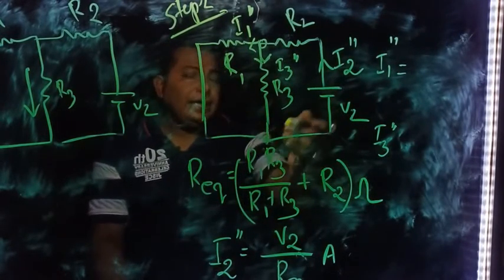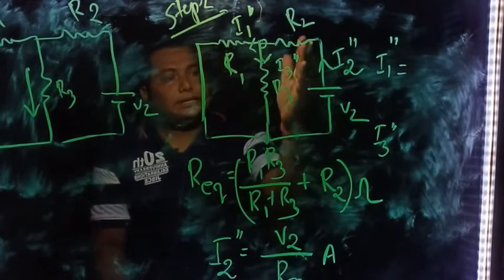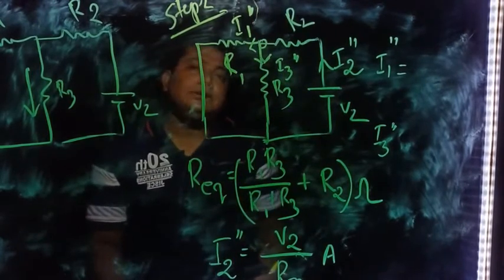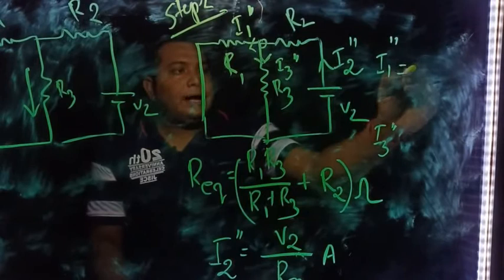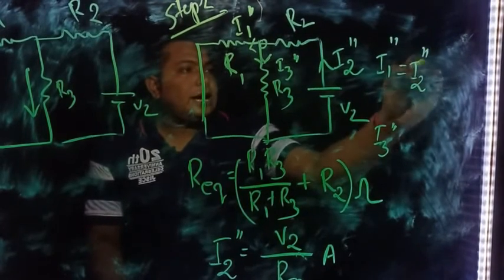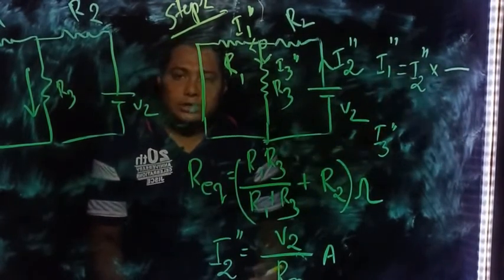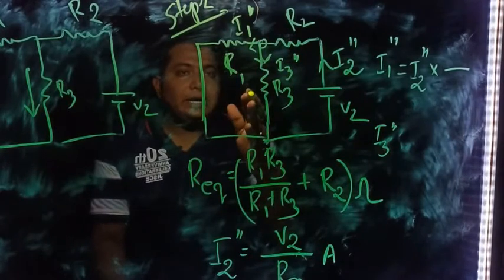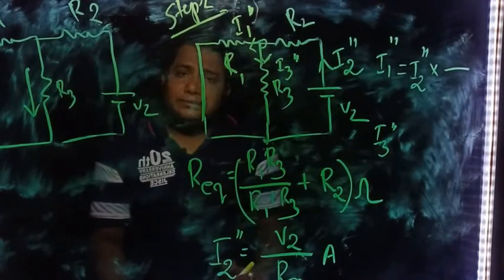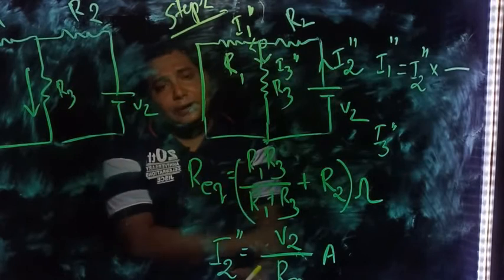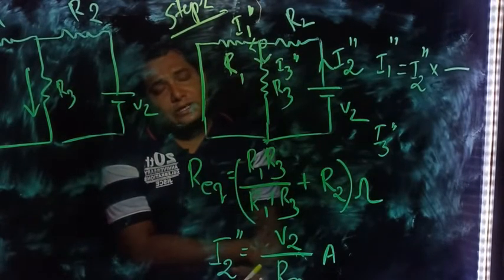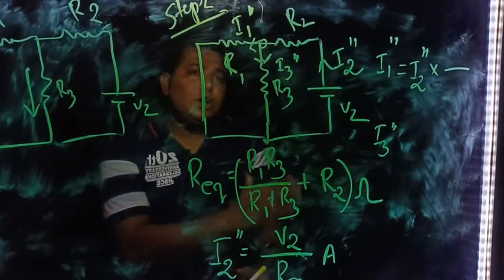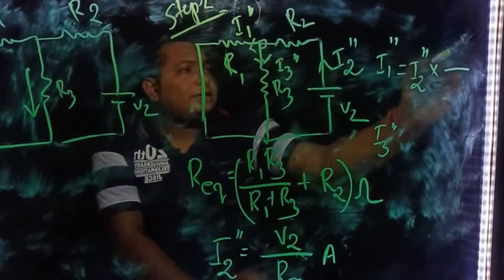Here, in this particular circuit, when we are considering V2, the main current will be I2 double bar. So we consider I2 double bar times the opposite branch resistance. We want to find the current passing through I1, so the opposite parallel resistance is R3.